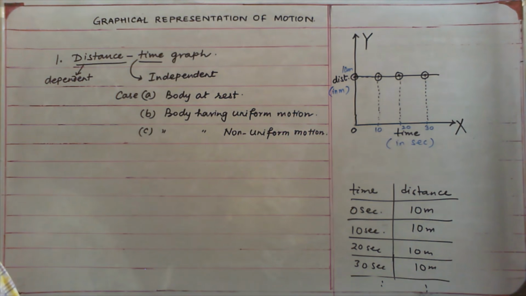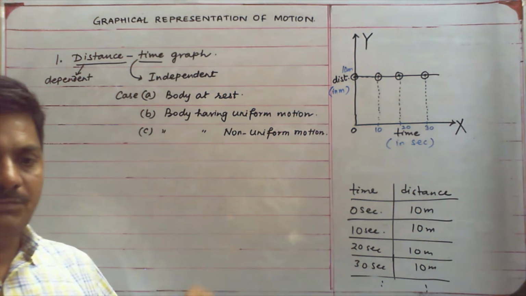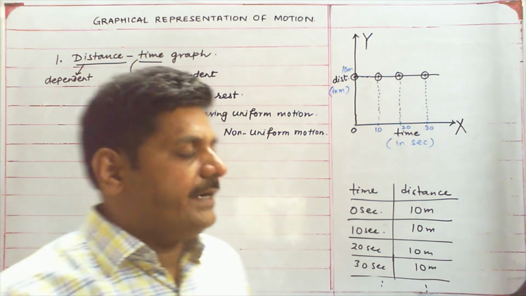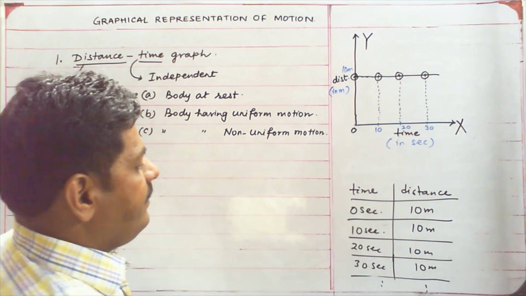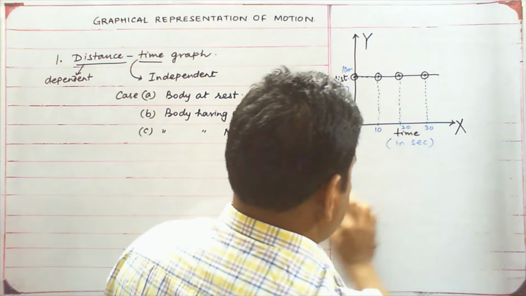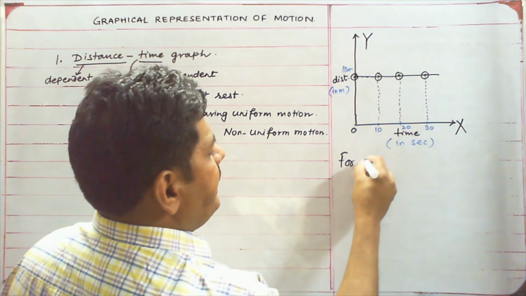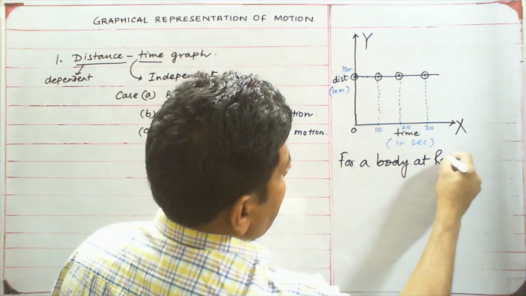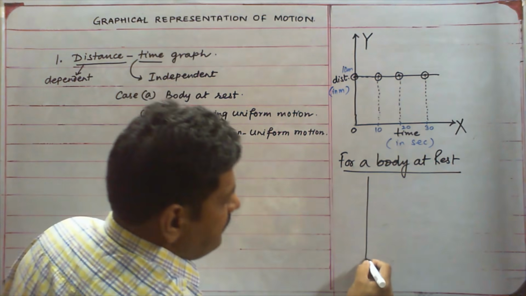So for a body at rest, this is the graph for this example. But if you want to draw a general graph for a body at rest, how would the graph be? We have the graph.